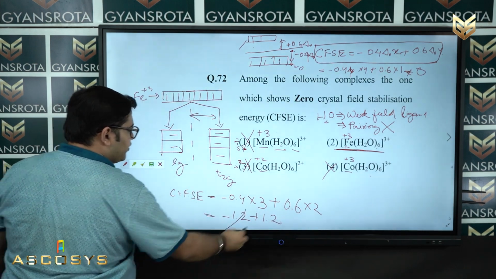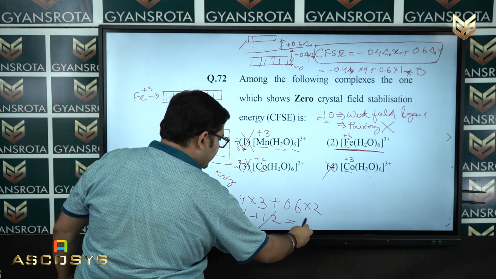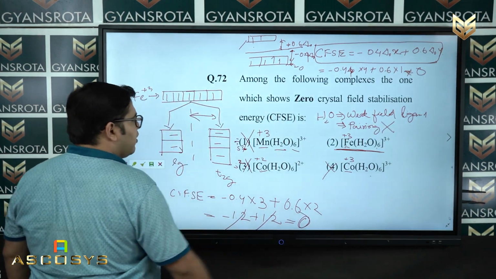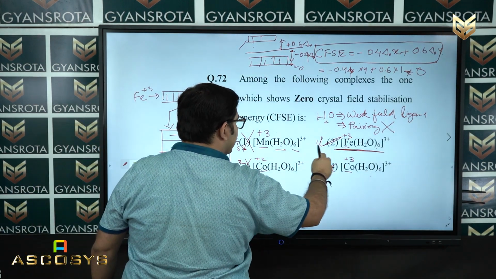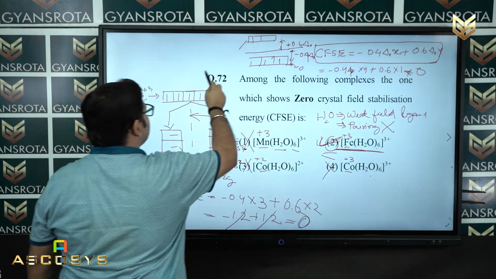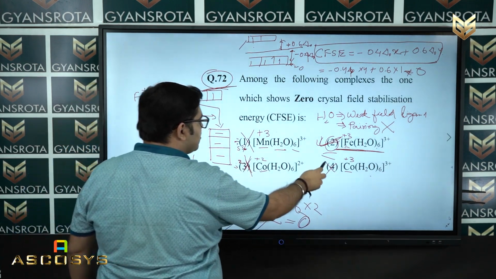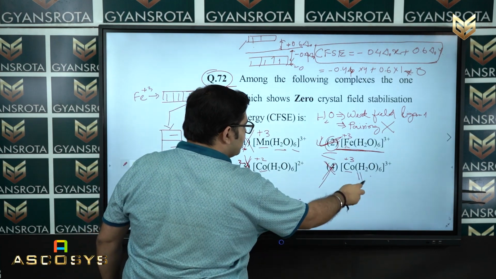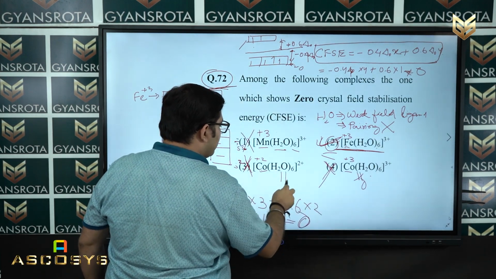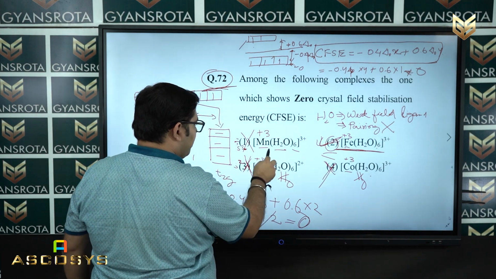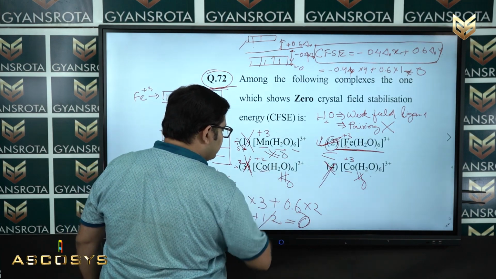So minus 1.2 plus 1.2 cancel out and give 0. So option number 2 is the correct answer of your question number 72. Similarly, you can check option 3 and option 4 also. Here it will not equal 0, here also it will not equal 0, and that one I already showed is not equal to 0.